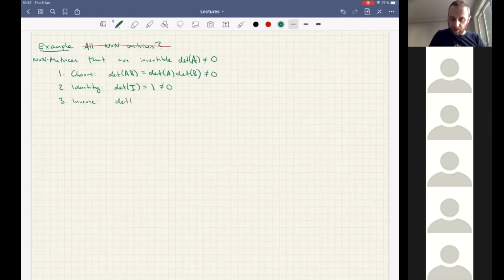We know that the determinant of A inverse is 1 over the determinant of A, which is non-zero if the determinant of A is non-zero. So invertible n by n matrices form a group. This group is called the general linear group.